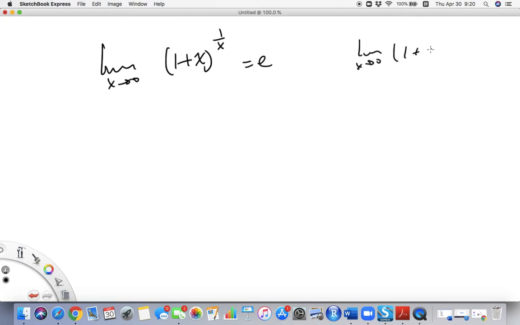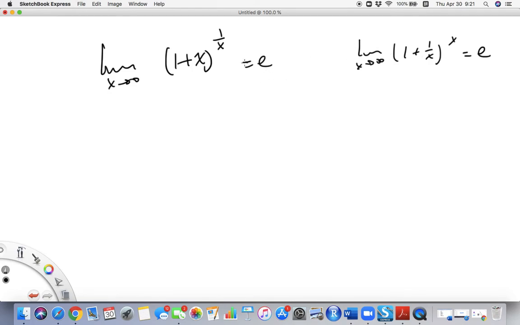Next, limit as x goes to 0 of (1 plus x) to the 1 over x equals e. Okay, so we know the following, right?